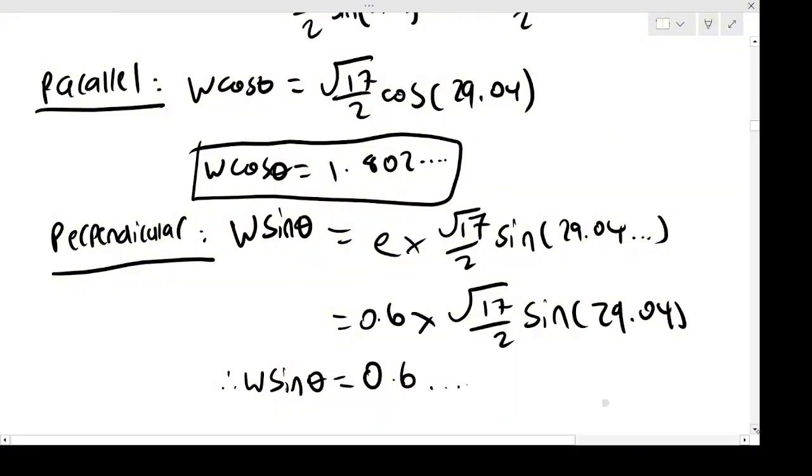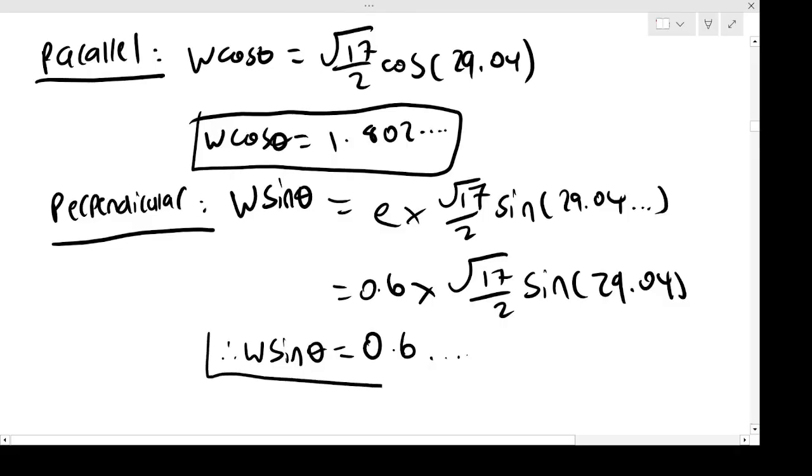So there we are. So those are my two equations. If we call this equation 3 and 4.